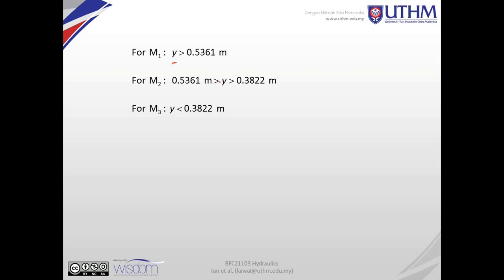In this case, the GVF depth is more than yc, so it's enough to justify the M2 profile. For the M3 profile, the GVF depth should be less than either one of these parameters. So in this case, y is less than the lowest parameter here.